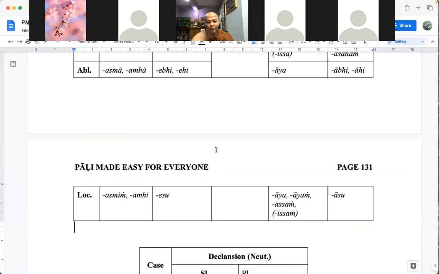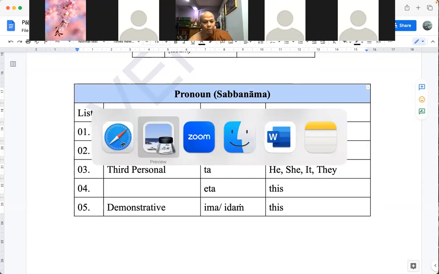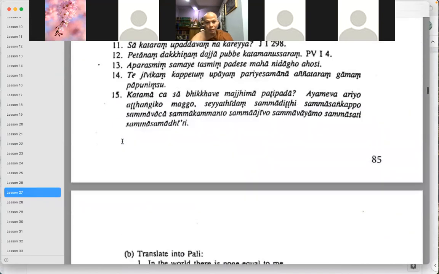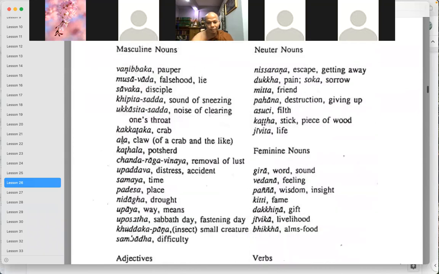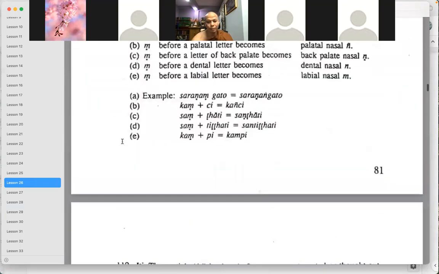And then, you know, this chart is very important. That is why at the very beginning of this lesson the author said amha and tumha are exceptions.